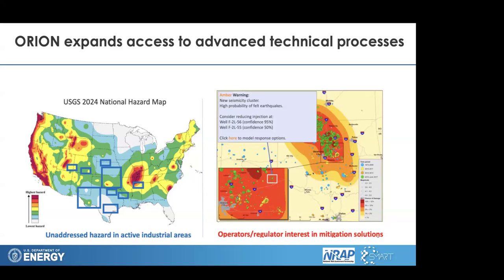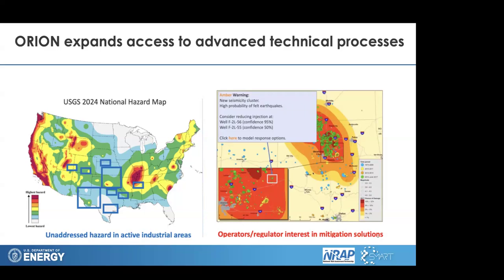That is to say, if there's a hazard or a probability of a certain magnitude event occurring, the operators might like to receive some information that says the probability of said event has increased, and then the tool might be able to give them some sort of actionable metric, like reducing the injection rate in one well or a set of wells to reduce the likelihood that that earthquake might occur.